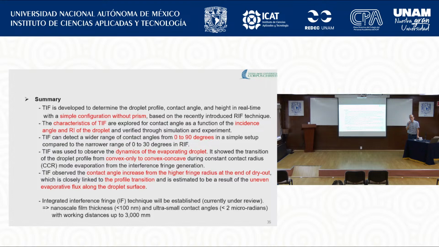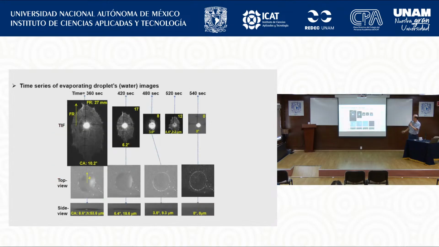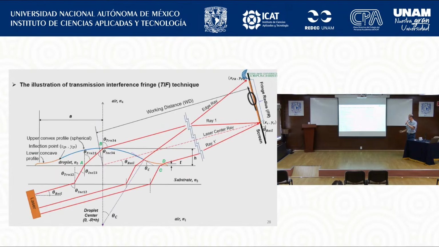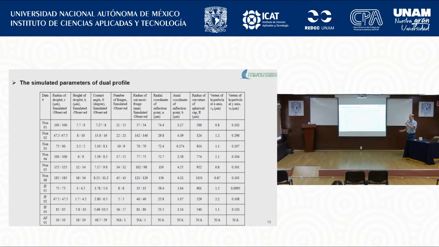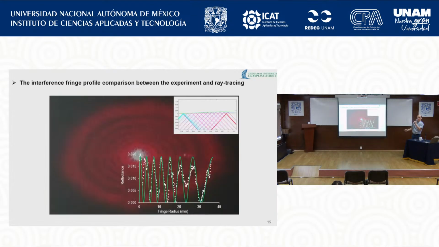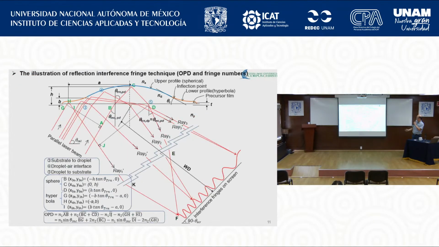Can I ask another one? In your drawings, you draw the precursor film with an angle at the end, but in many cases it is assumed that the contact angle is 0. Can you get some information about this? Can you infer the profile of the precursor film?